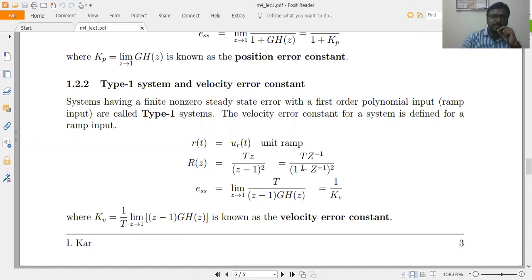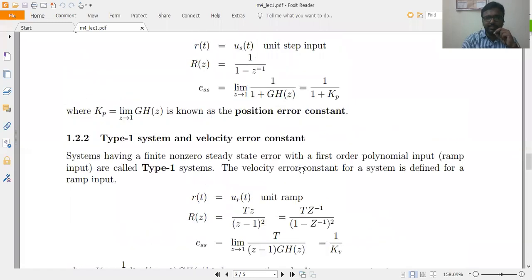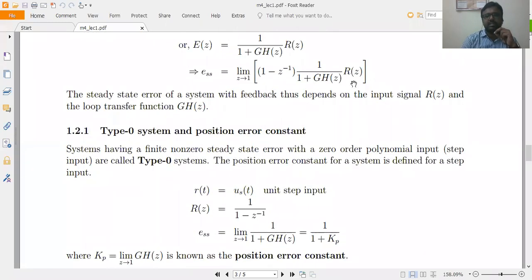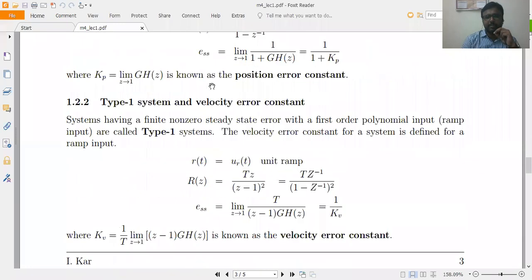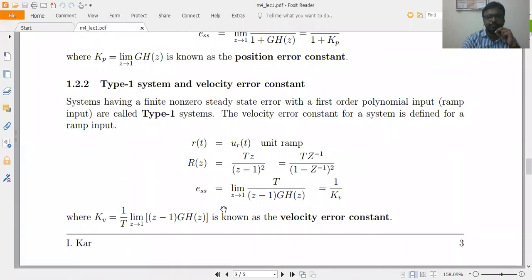Substituting this particular R of z in the steady state error expression, we get limit z tends to 1 of e divided by (z minus 1) into g into h of z.